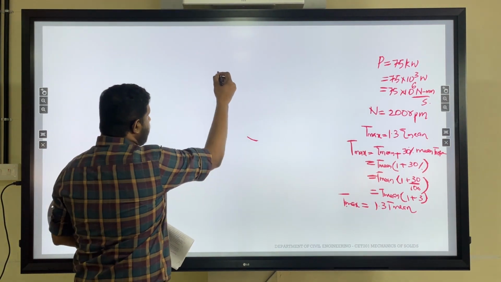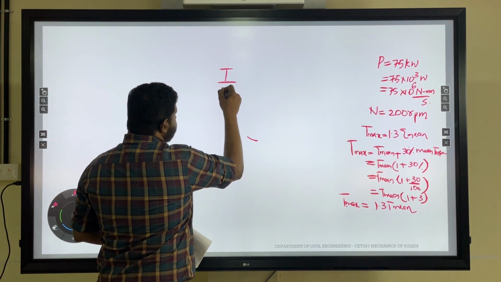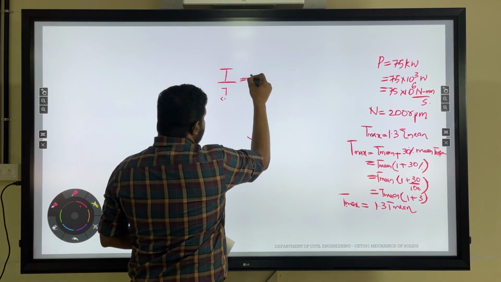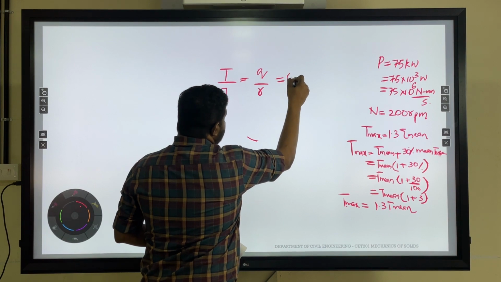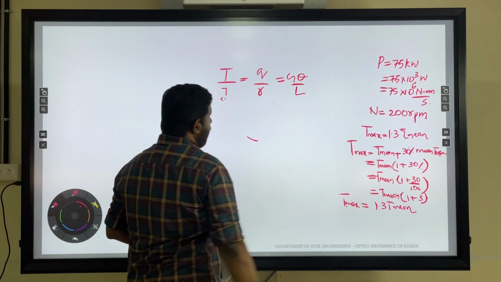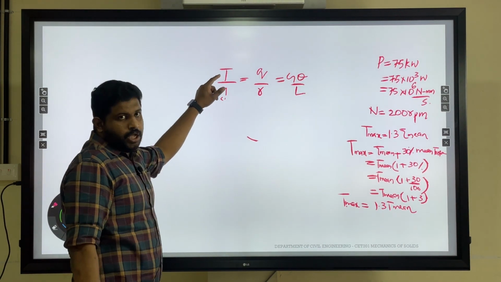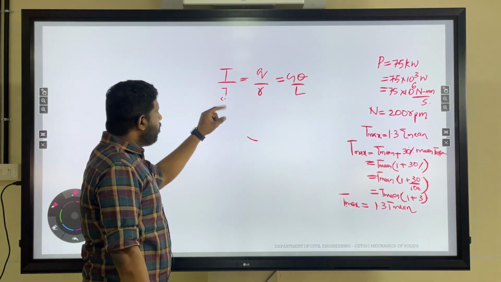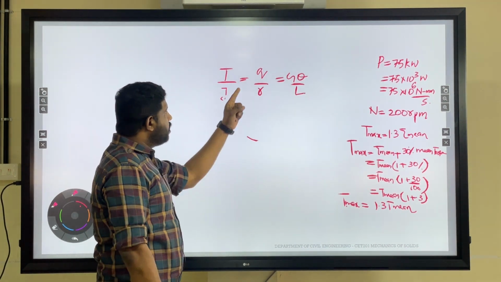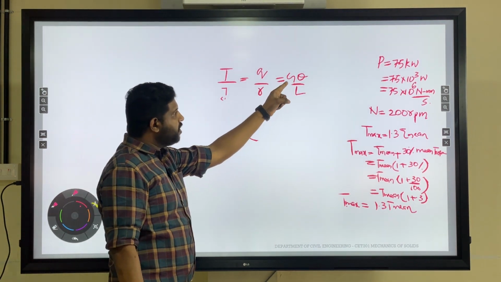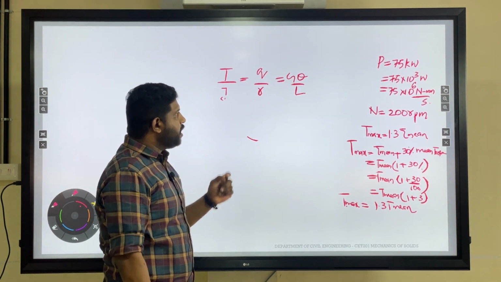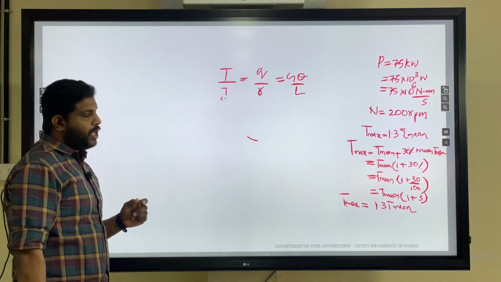So we have the torsional equation, T by J is equal to tau by R is equal to G theta by L, where T is the torsional moment, J is the polar moment of inertia, tau is the stress developed, R is the distance from the center of the shaft, G is the modulus of rigidity, theta is the angle of twist, and L is the length of the shaft.